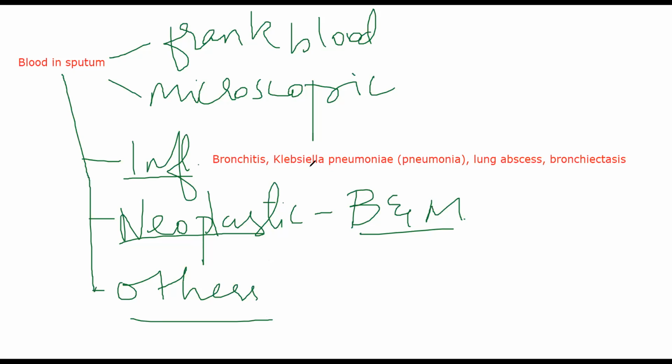Now, the last thing that you can check for in sputum is fungi. Fungus in sputum. Here you will see three main types of organisms.